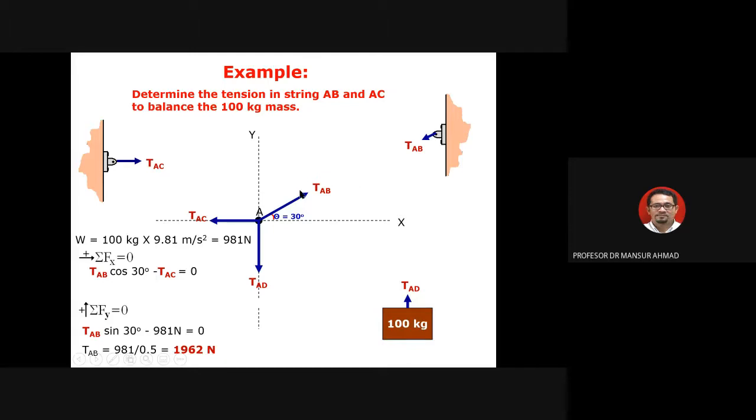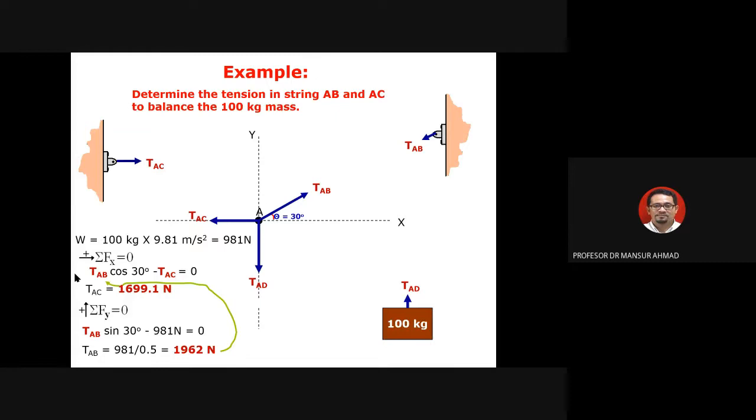So now I'm going to plug this number TAB, which is 1962 Newton, into here. Now I can solve it. I'm going to plug this number in TAB here, which is 1962. So now I can solve TAC.